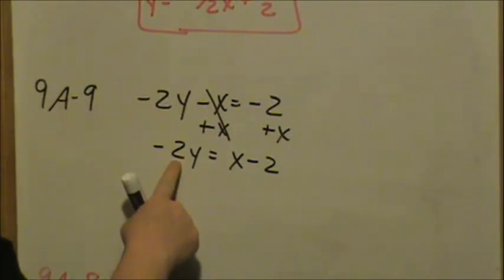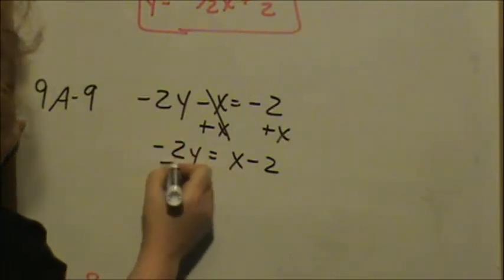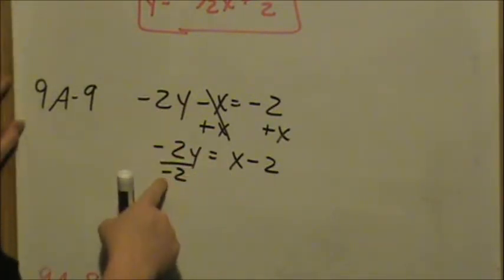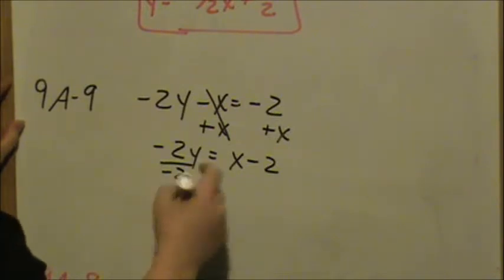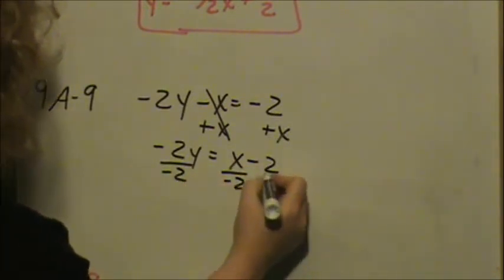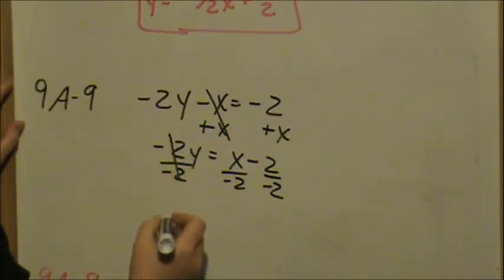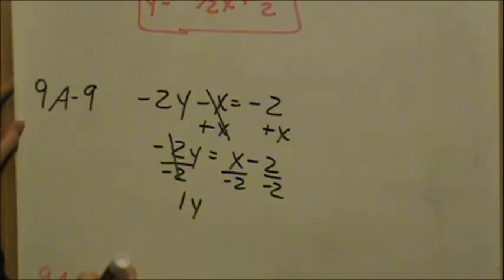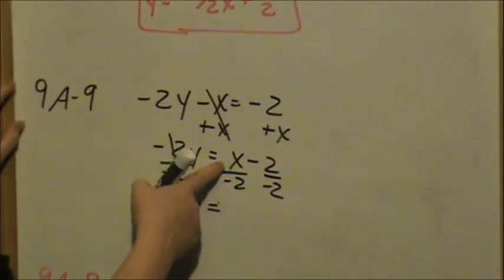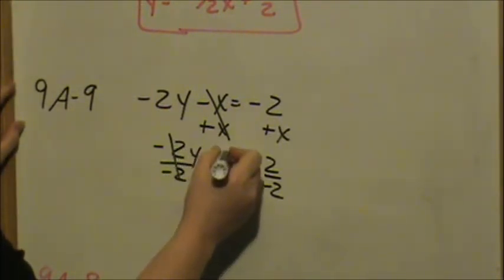I need to get rid of my negative 2 in front of my y. This is being multiplied, so I do the exact opposite of multiplication, which is division. Whatever I do to this term, I have to do to every term. My negative 2 divided by negative 2 is like a 1y. You can write 1y, or you can just write y. What coefficient is in front of this x? A 1.